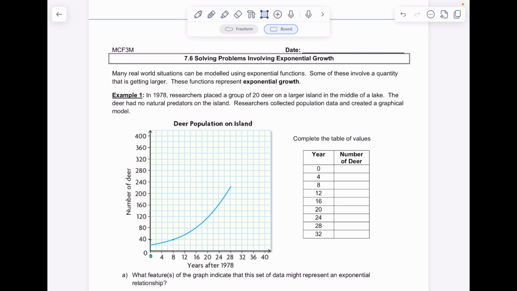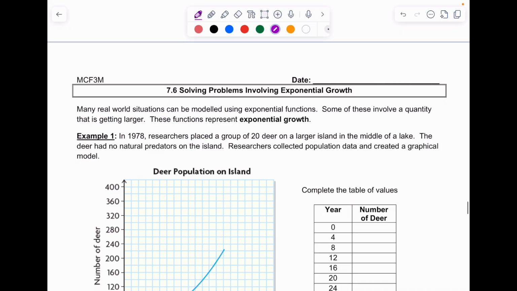So there's two types of word problems when we deal with exponentials. The first one is growth, and growth really is just another way of saying that you have an increasing function.